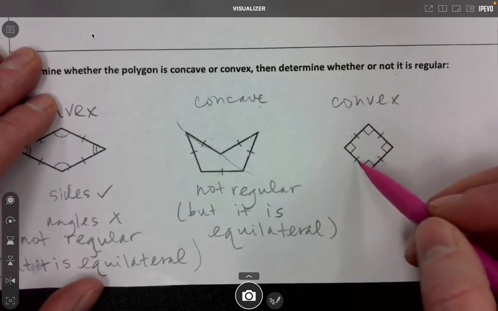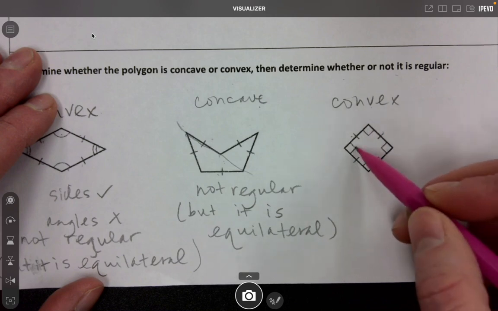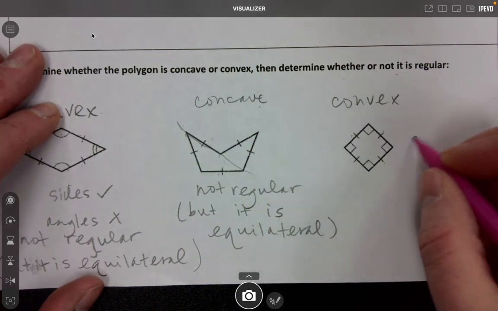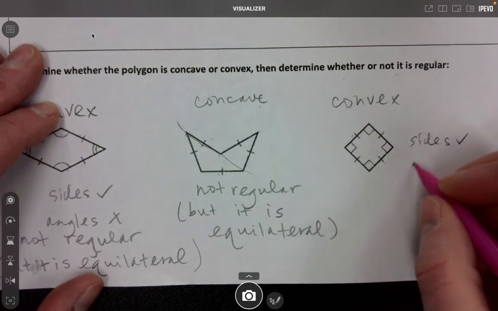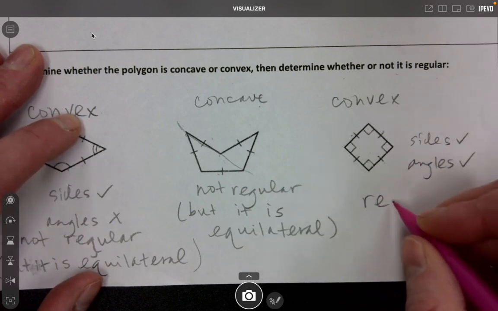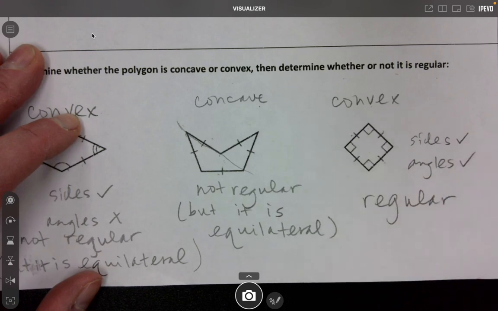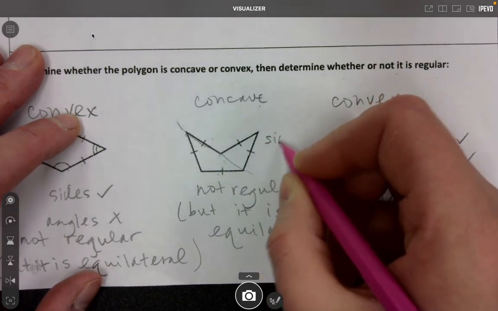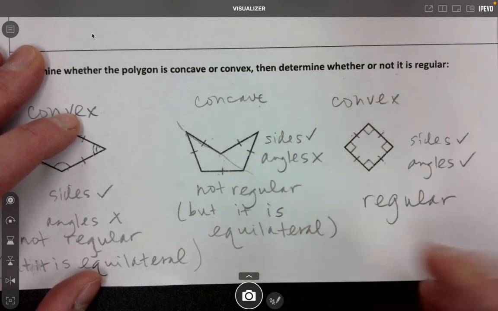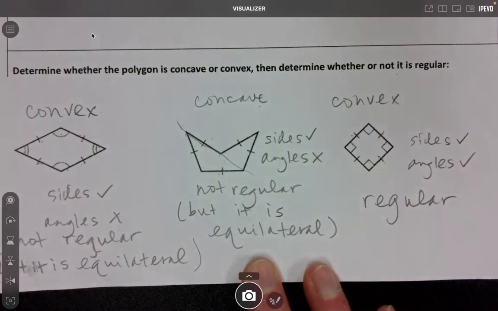All four sides are congruent and all four angles have that little box to show that it is a right angle. So those are all equal. And so because our sides are congruent and our angles are congruent, we're going to say that it is regular. And specifically, it's a square, right? That's the name for that. I guess I should have written something here. Sides congruent, angles not. So that's what we're checking when we look for regular.